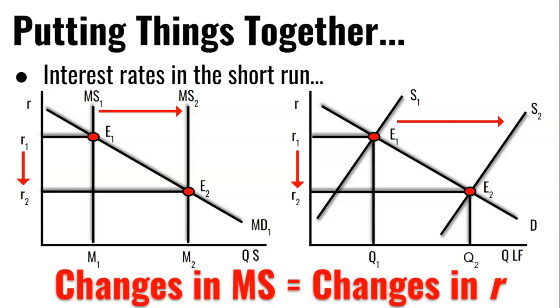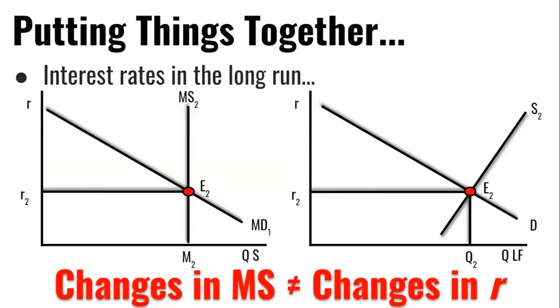In the long run, however, we see that a change in money supply will have no long-term effect on interest rates. Why? Well, if we're increasing loans, if we're increasing business investment, if we're increasing consumption, then we should see an increase in real GDP. We should see an increase in our ADAS model. And when that happens, we see aggregate demand shifting to the right.